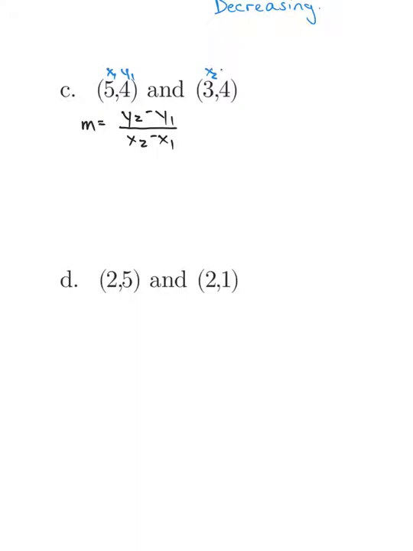Second one is going to be x2, y2. And so now if we plug in, we get y2, 4, minus y1, which is also 4. So the numerator will be 4 minus 4. The denominator, we want to subtract our x values, so we get 3 minus 5.